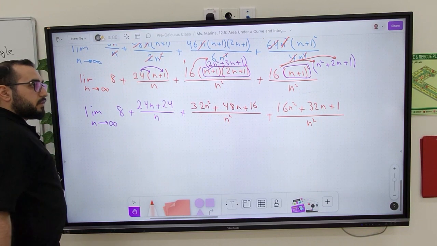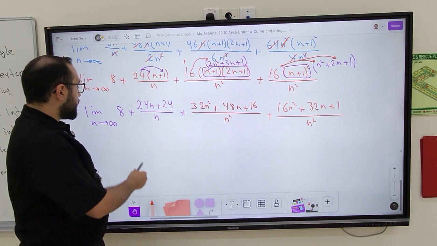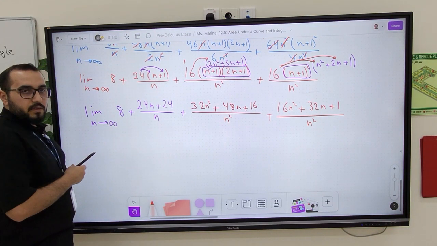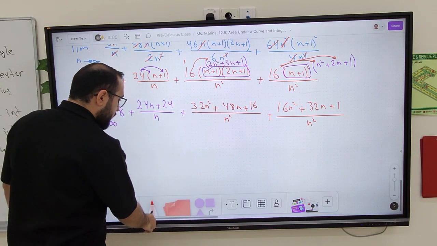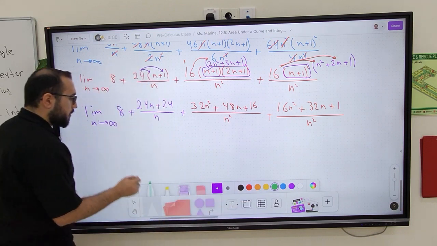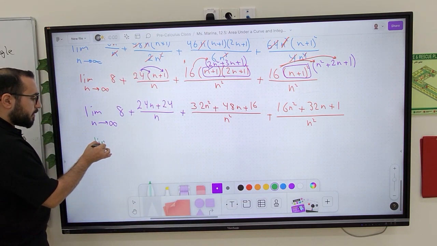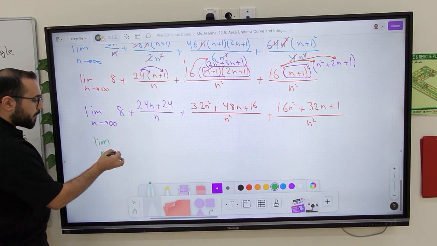Now, it's up to you. You can replace n with infinity, or you can split the denominator with every numerator. So let me split it for you, in case you don't know how to substitute n approaching infinity.